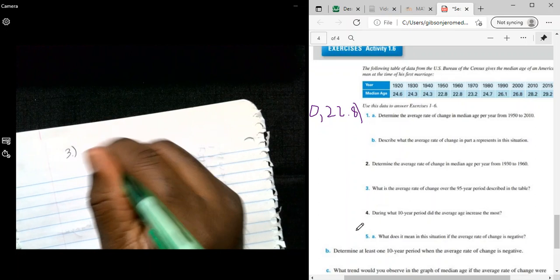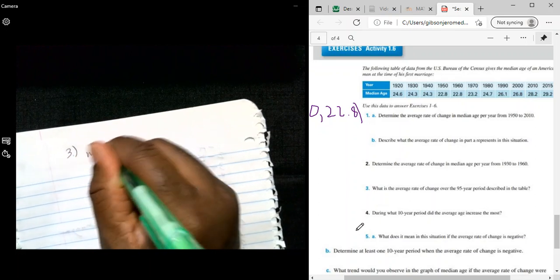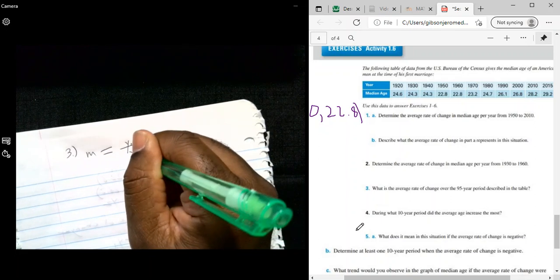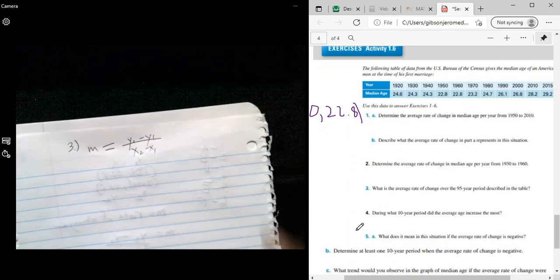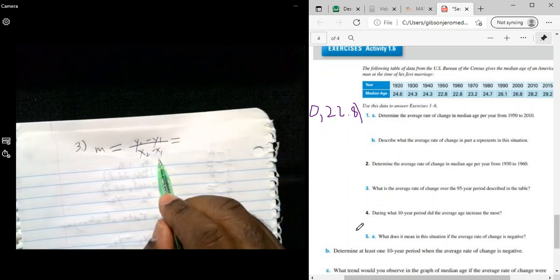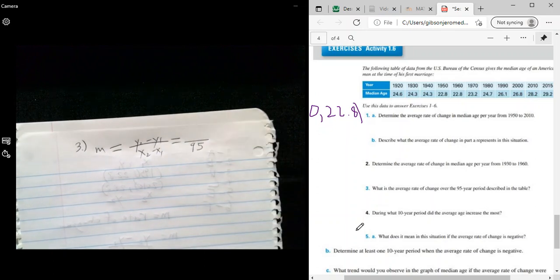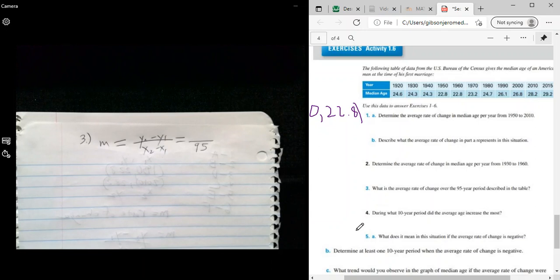They actually helped us with half of the problem. So 3. We know our slope is y sub 2 minus y sub 1 over x sub 2 minus x sub 1. They already told us that x is the difference in our years. We've already been told there's been a difference of 95 years here.